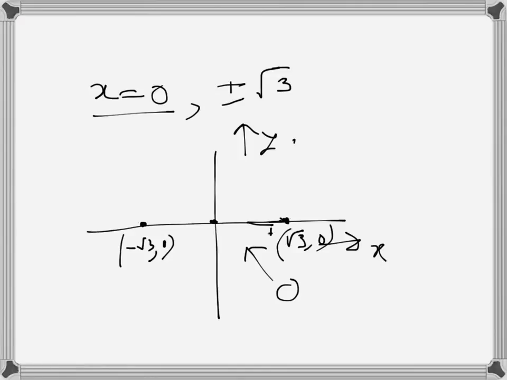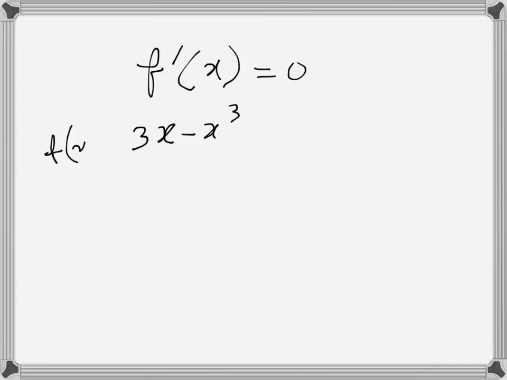Now we will try to find if there are any stationary points, that is, we will see if there are maxima and minima, which there probably will be. So let's do f prime x equal to 0. We find the first derivative of the function and equate it to 0 to find the stationary points. The function is 3x minus x cube, so f prime x becomes 3 minus 3x square.